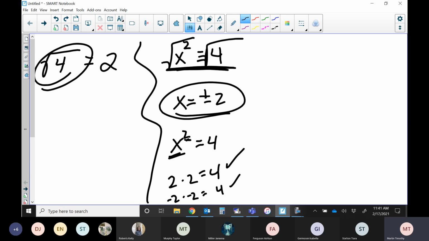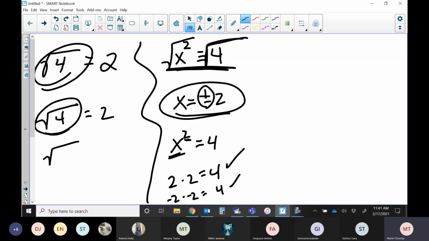So when you put the square root sign in there, you must put the plus or minus. When the square root is already part of the problem, you do not put the plus or minus. So if someone asks you, what's the square root of 16? Your answer is 4. If someone asks you, what number times itself is 16? Your answer is plus or minus 4.